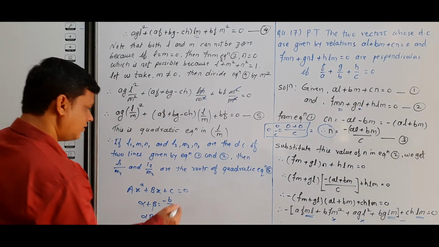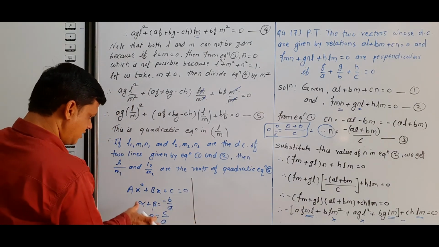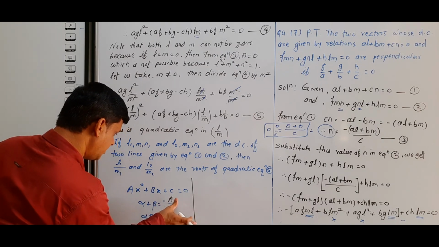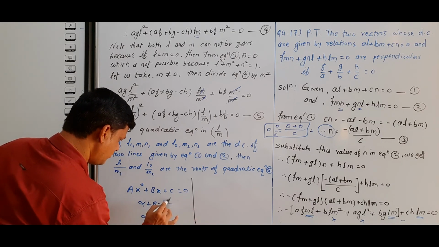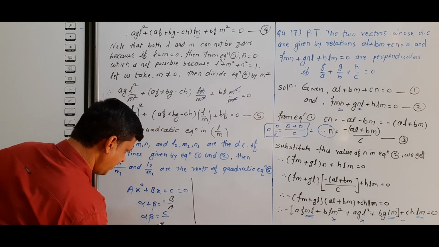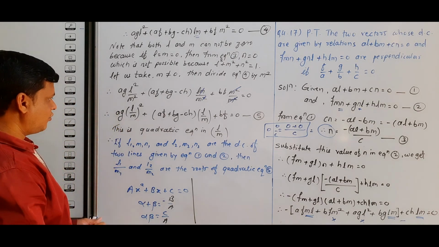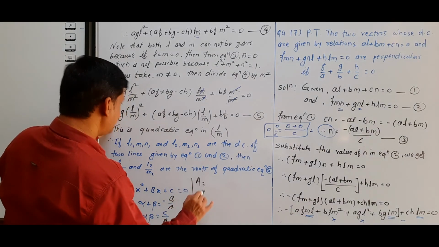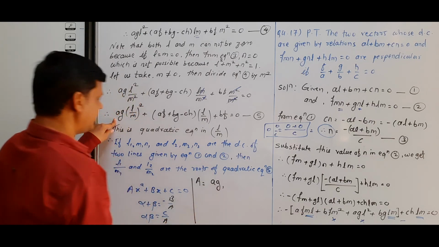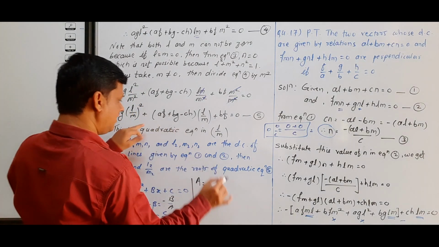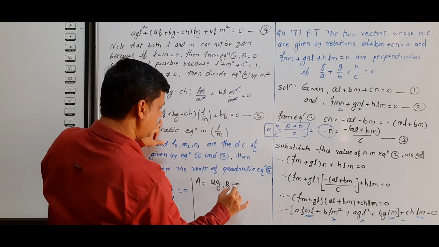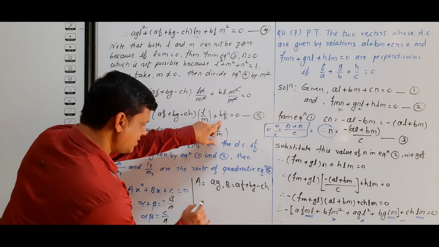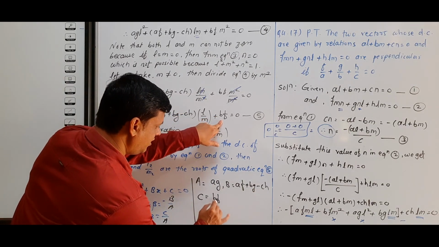Comparing, we write here in capital form: minus B by A and C by A. Now we get the value of capital A equals small ag, the value of capital B equals AF plus BG minus CH, and the value of capital C equals BF.